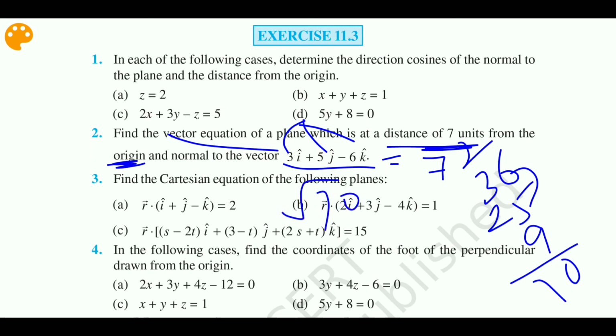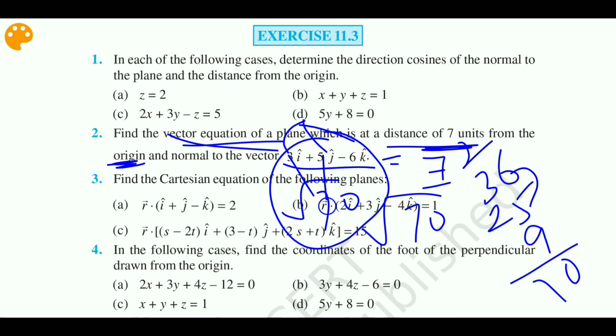So root 70 by root 70. The vector equation of the plane is 3 by root 70, 5 by root 70, minus 6 by root 70 with i, j, k put correspondingly, equal to 7 by root 70. So this will be at a distance of 7 units from the origin, right?